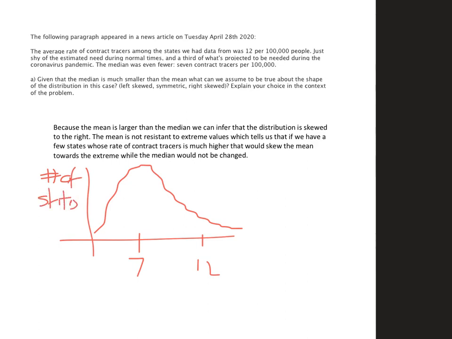And that's the y-axis. The y-axis is the number of states, and then the x-axis is the contact tracer rate. And so what we're counting is how many states have that many contact tracers.